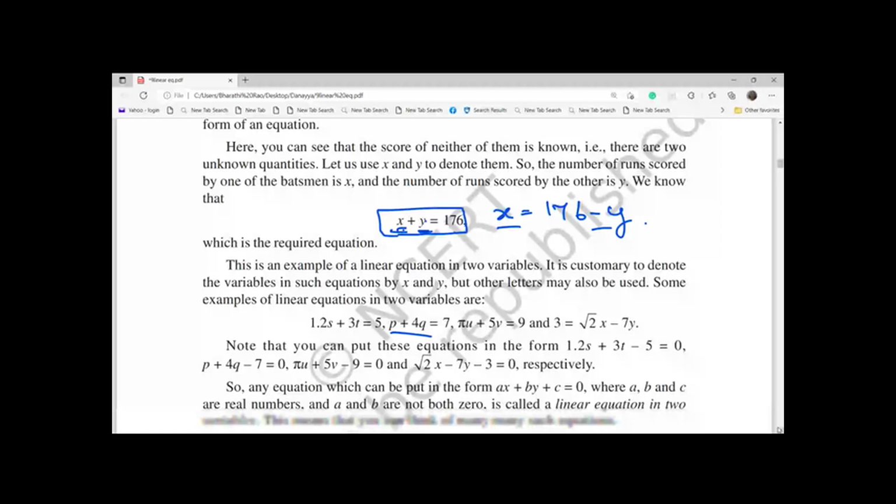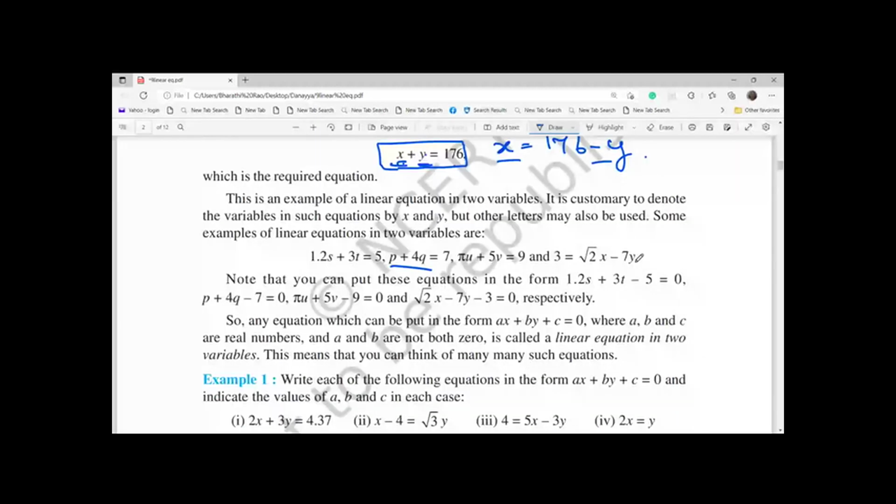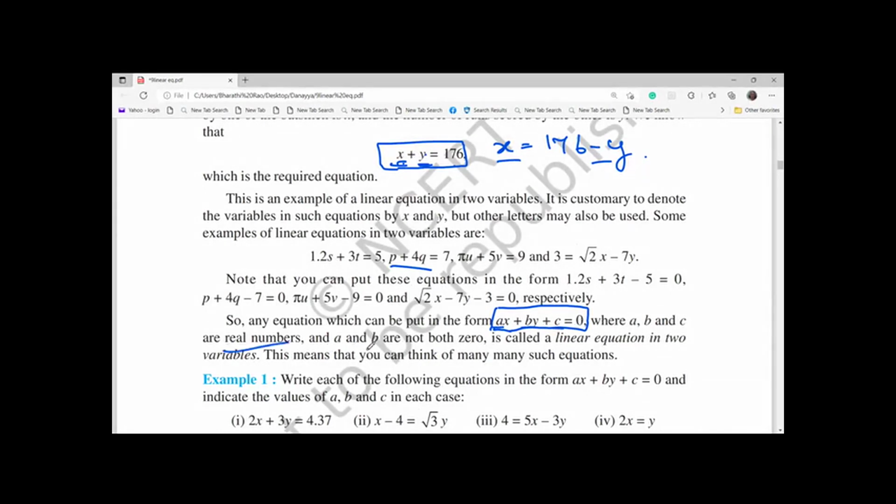So the general form is ax plus by plus c equal to 0. What are these a, b and c? They are numbers. And a and b should not be 0. If a and b are 0, only c will remain.